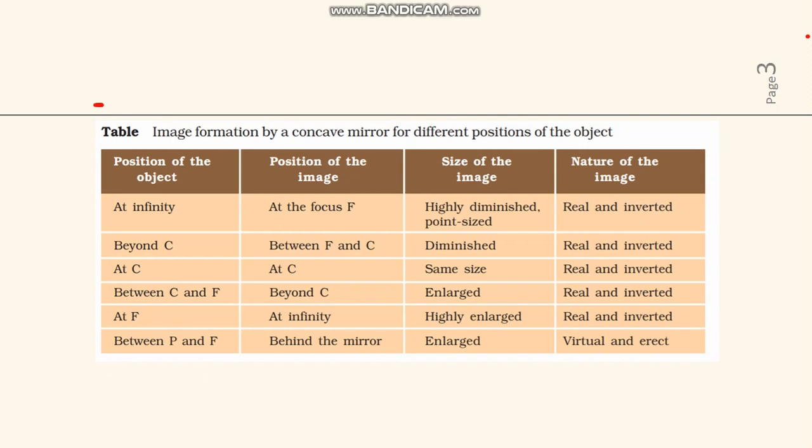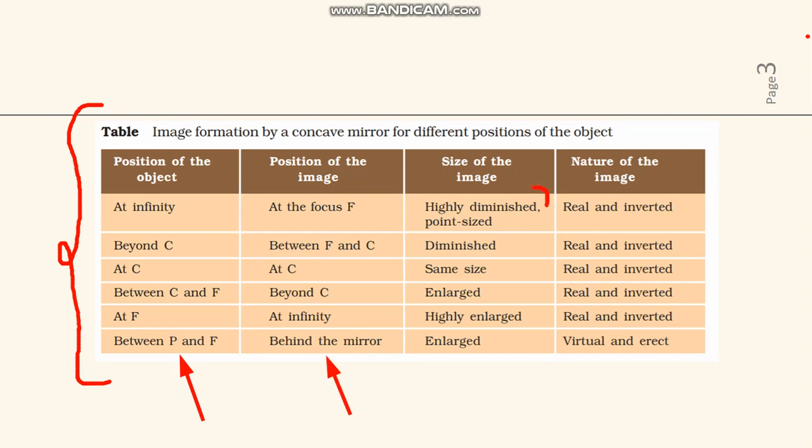Here in this table, we have summarized whatever we have learnt above. All the six cases, all six positions of the object, the respective positions of images, size of images, and the nature of images. Please note here that as the object is brought closer to the mirror, the image keeps on getting farther from the mirror.